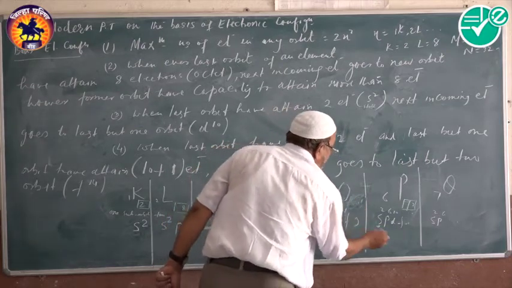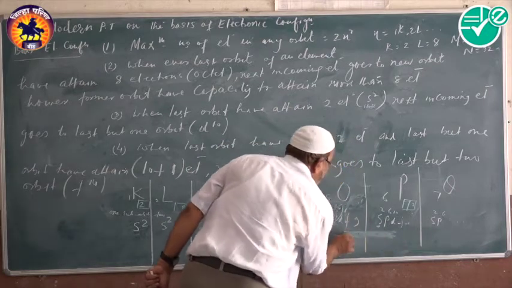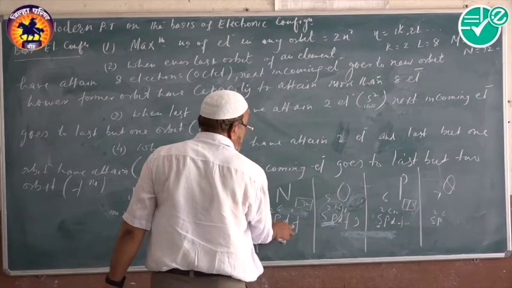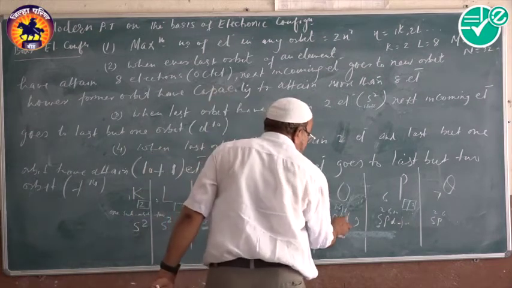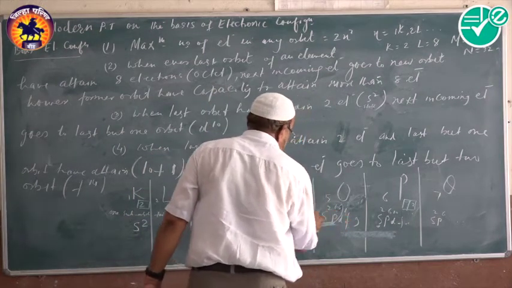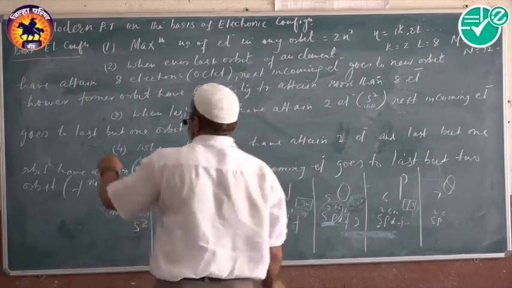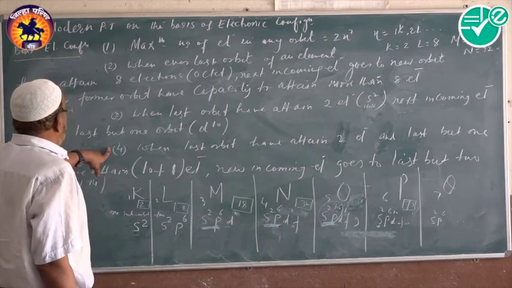57. Now there is the last rule. If we occupy 10 electrons, this S suborbit will remain as it is. Hence, the last rule holds good here.